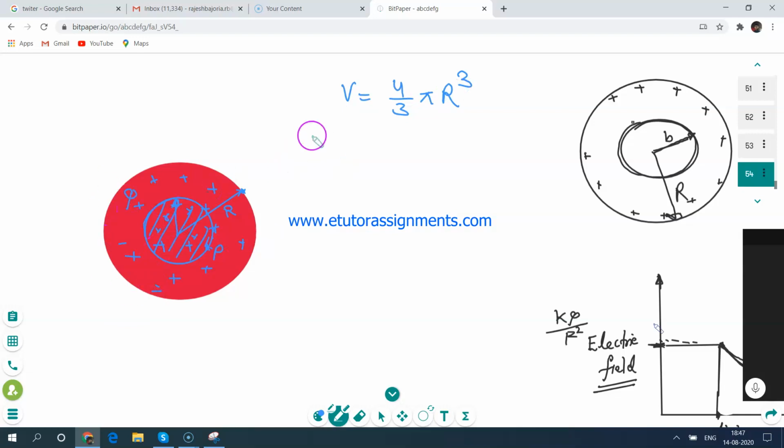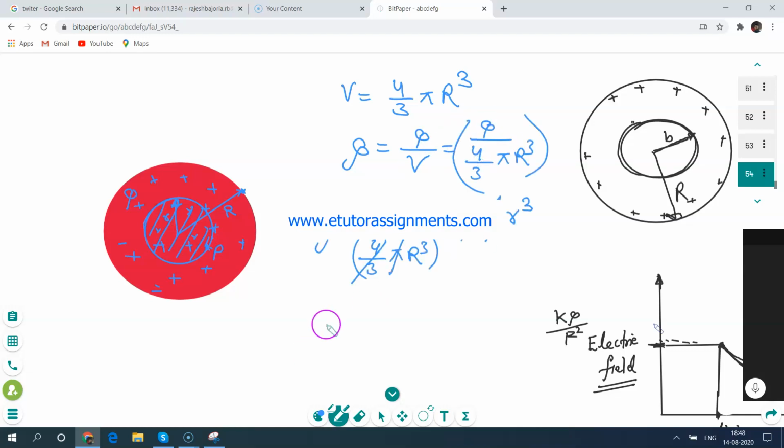So charge density is equal to Q by V, which is Q by 4 by 3 pi R cube. Then Q dash is equal to Q by R cube times small r cubed.